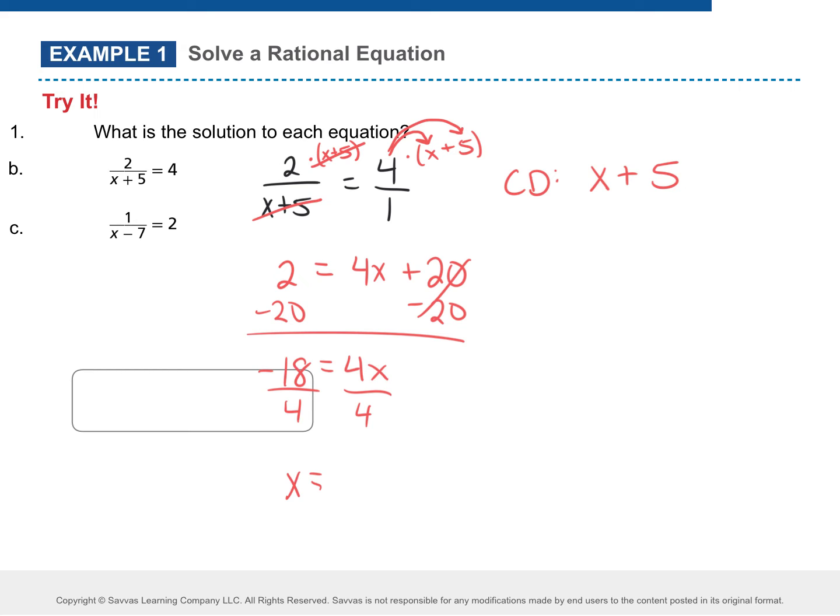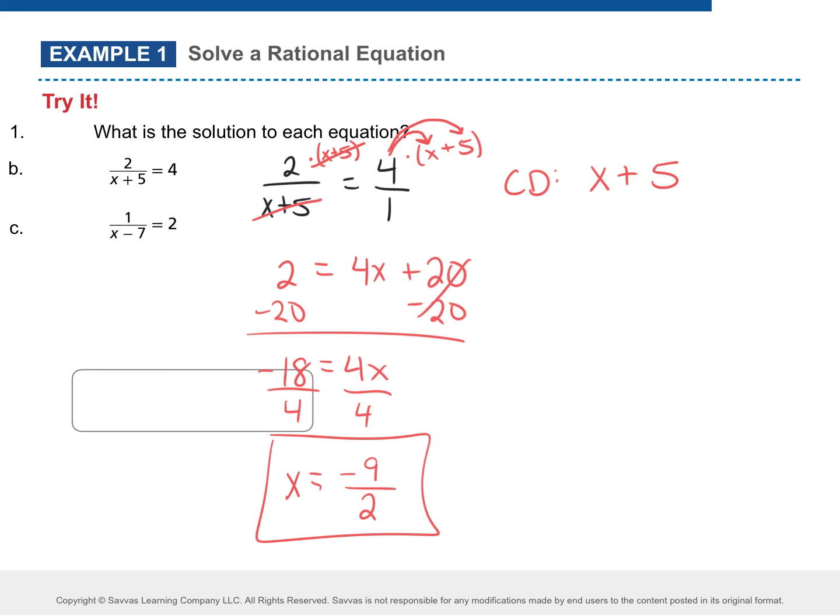What's a number that goes into 18 and 4? 2, right? What's negative 18 divided by 2? Negative 9. 4 divided by 2? 2. That's our answer. So you always want your answer in simplest form. You can leave it like this, or you can write it as a mixed number, whatever works. Okay, but I would just leave it like that.